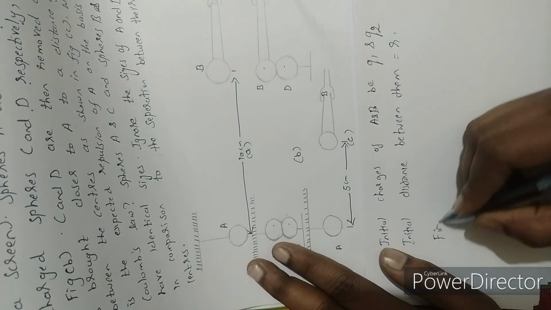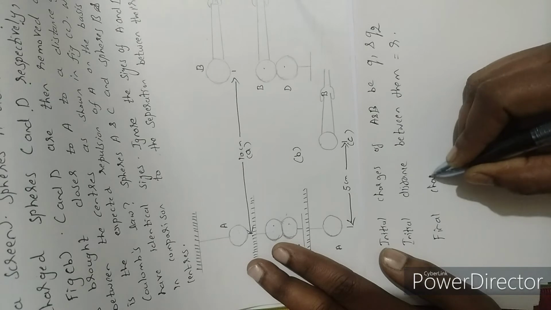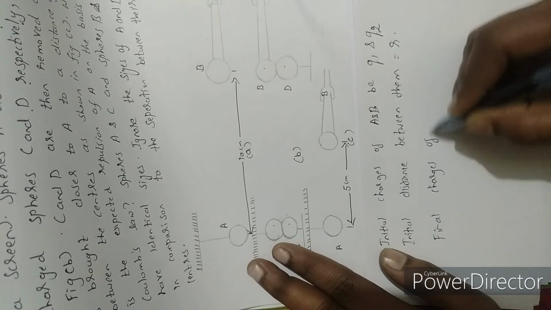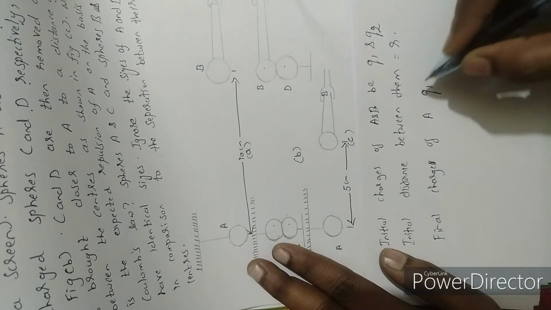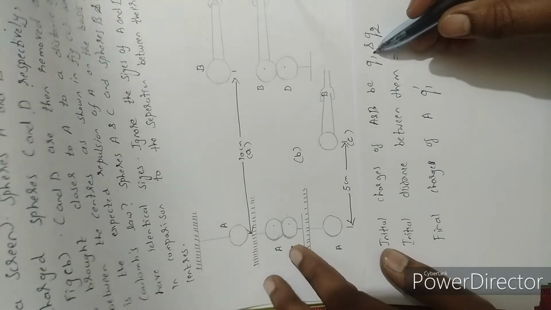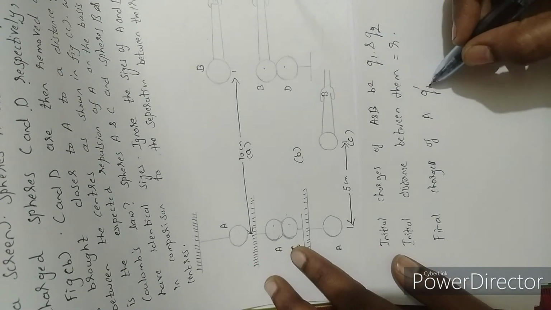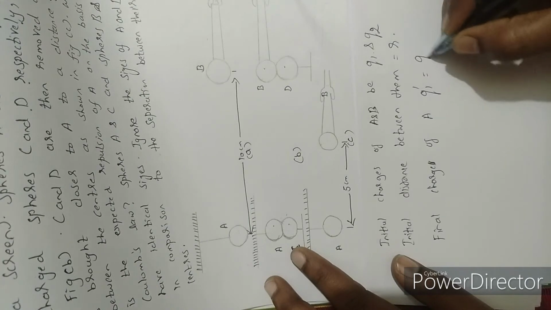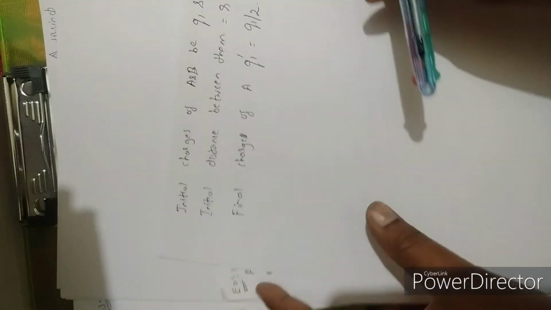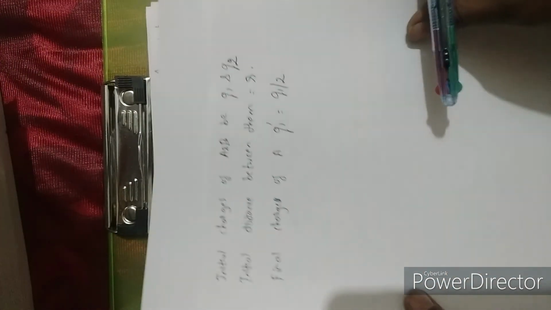Final charge of A, that is Q1 dash. So initial charge is Q1, and I am taking the final charge of A to be Q1 dash, which will be equal to Q1 divided by 2, right? It has been reduced to half its initial value.